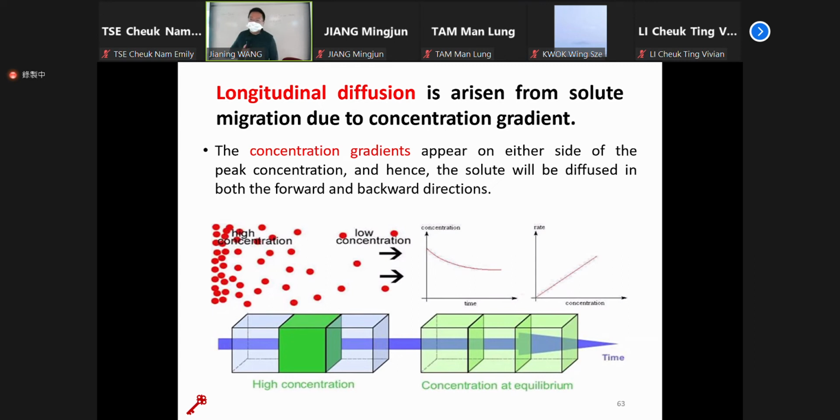It's because it's driven by the second law of thermodynamics. So we have no way to eliminate this, but we can still use some way to minimize the effects.